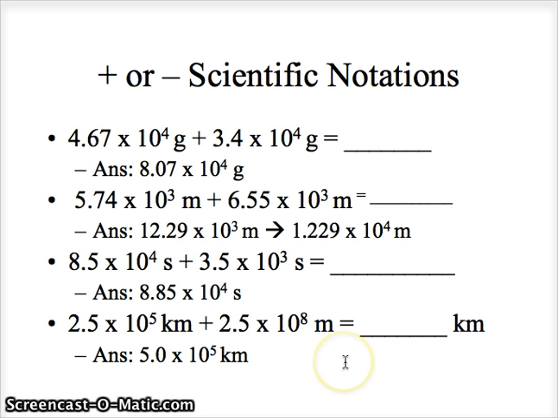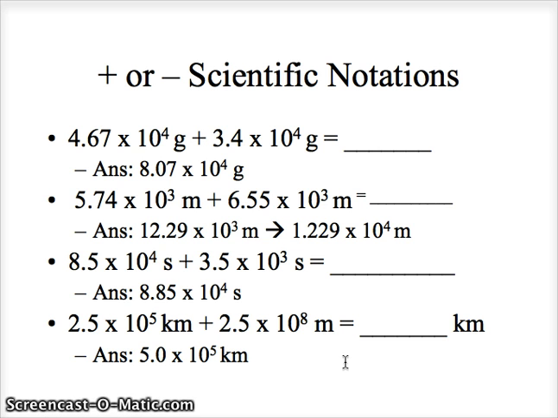Since meters is 10 to the 0 and kilometer is 10 to the third, we're going to change the exponent by a factor of 3 smaller, because kilometer is larger and meter is smaller, therefore the number in front of the kilometer must be smaller. So we're going to reduce the exponent by 3, since the difference between 10 to the 0 and 10 to the third is negative 3, subtract 3.